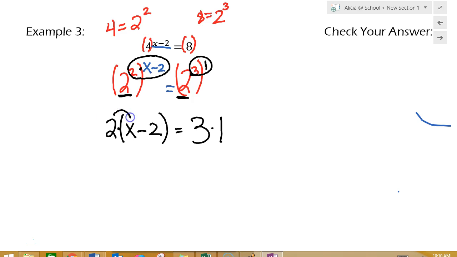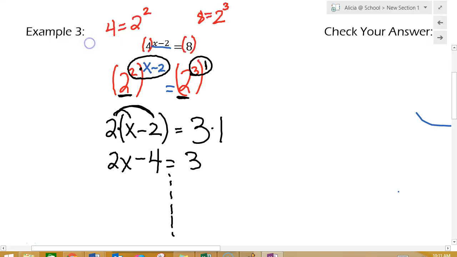I want to distribute my 2 into both terms. So 2 times x is 2x. 2 times a negative 2 is a negative 4. 3 times 1 is 3, and now I isolate my variable. To bring down that dotted line, I'm going to do the opposite operation. So if I'm subtracting 4, I'm going to go ahead and add 4 to both sides.